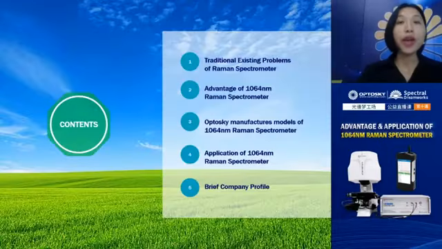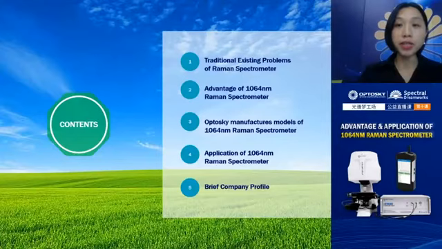Next, we are going to focus on the following 5 parts. Part 1 is the traditional existing problems of Raman spectrometers, and Part 2 is the advantage of the 1064 nanometer Raman spectrometers.